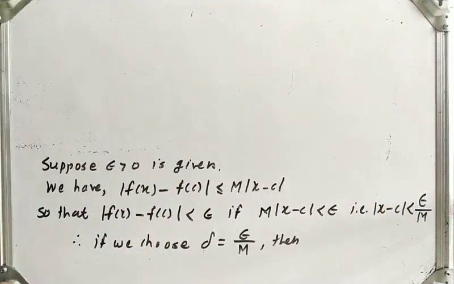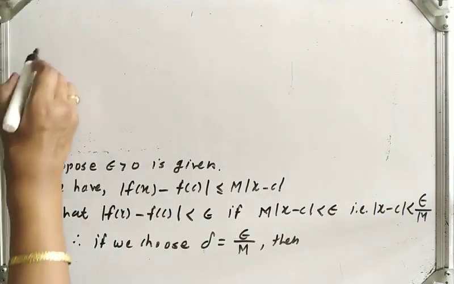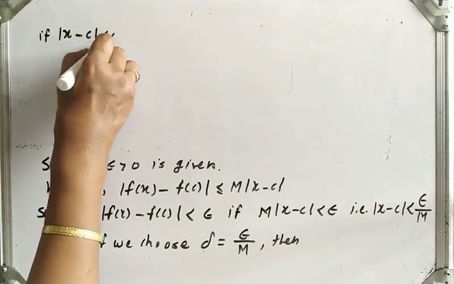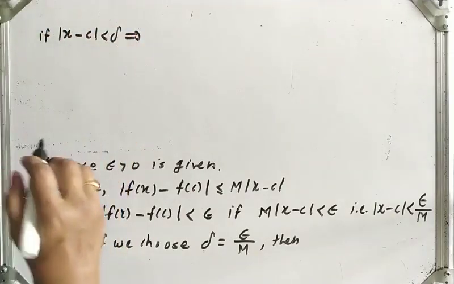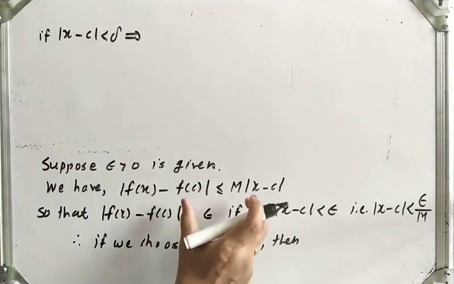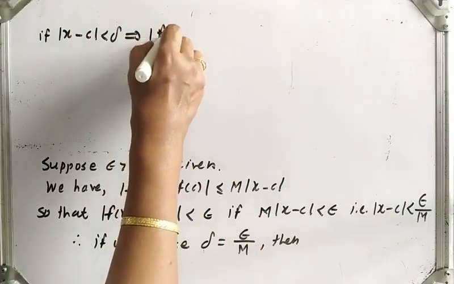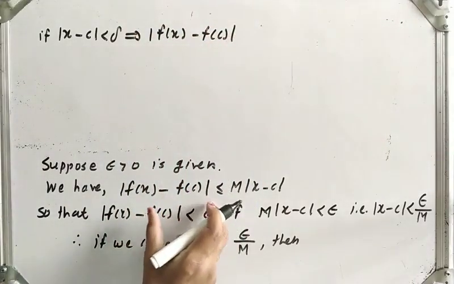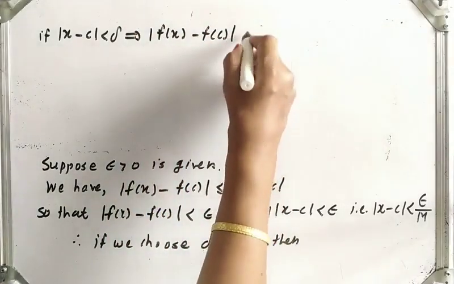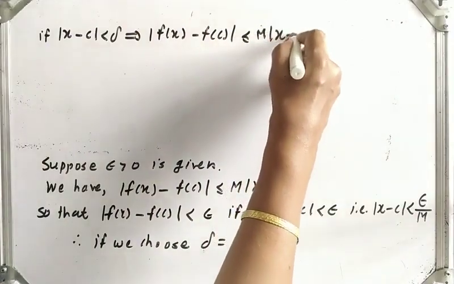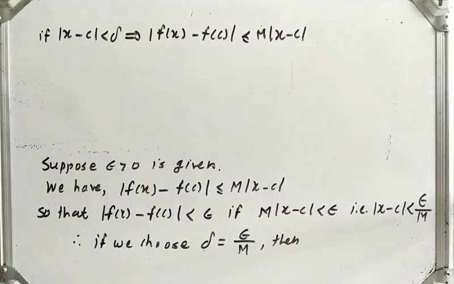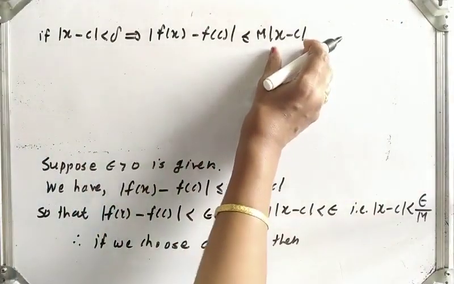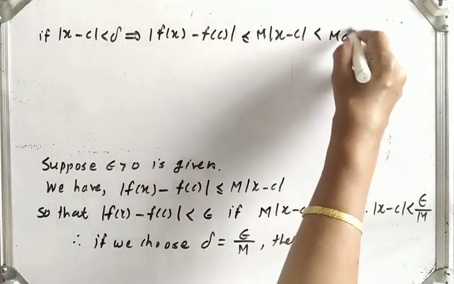Then if mod of x minus c less than delta, what does this imply? Mod of f(x) minus f(c) is less than or equal to m into mod of x minus c, and mod of x minus c is less than delta, so this can be replaced here, that is less than m into delta. And what is delta?